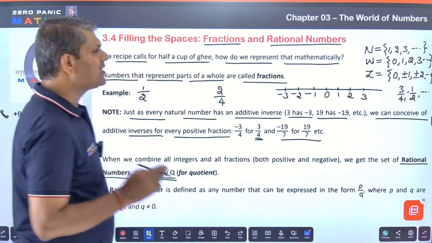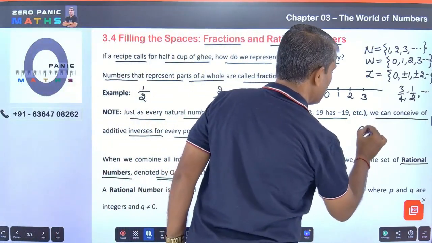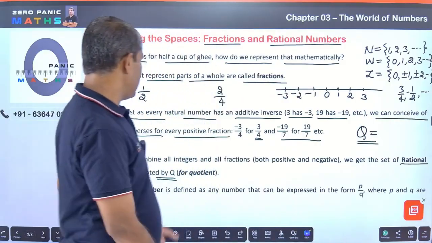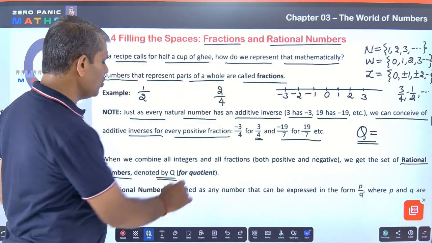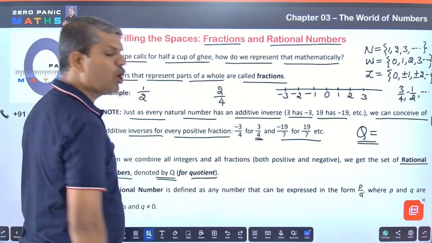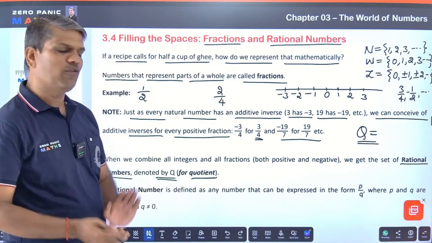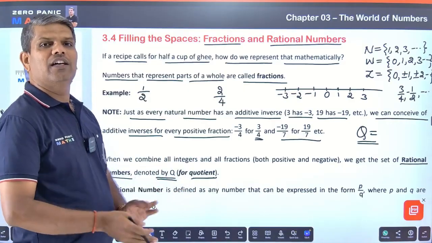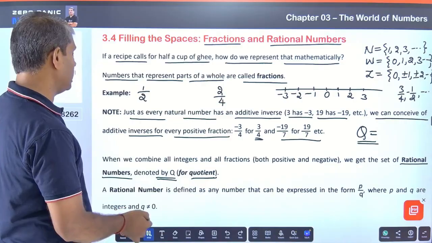That set is represented by Q, and Q actually stands for quotient, which we will discuss in the division of numbers.